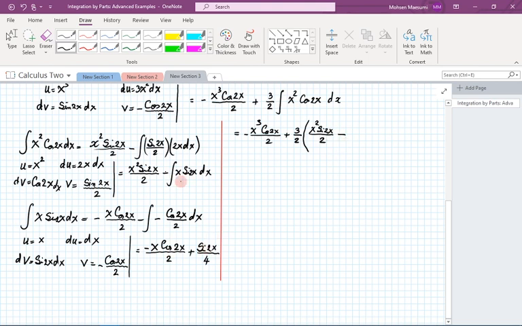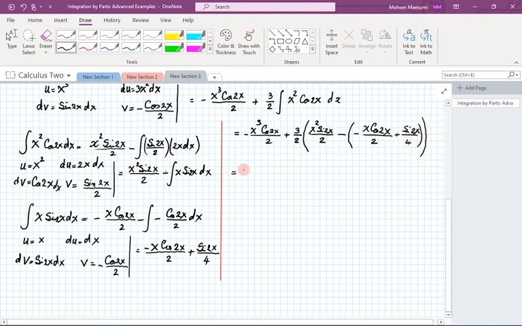So I write it. I have to subtract this expression, so I'm going to put it in parentheses. So it's going to be nested parentheses: minus x cosine of 2x over 2 plus sine of 2x over 4.